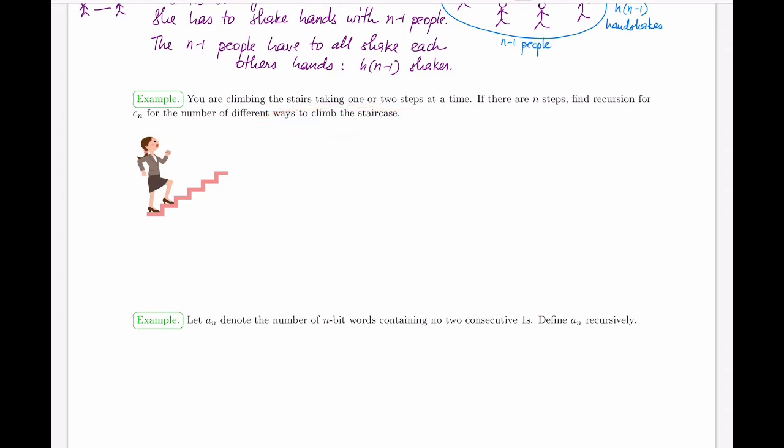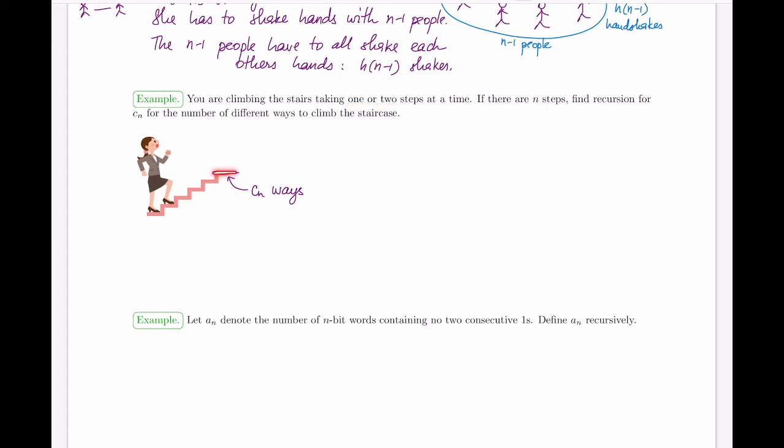So there are n stairs, which means that at the end of this game, we're supposed to land on the top stair, and we have notation for this. So for this particular stair, there are c n ways to get there. Now, this is the number that we're supposed to describe recursively in other ways. Excellent. So what are the ways that we could have landed there? Remember that you can take 1 or 2 steps at a time.